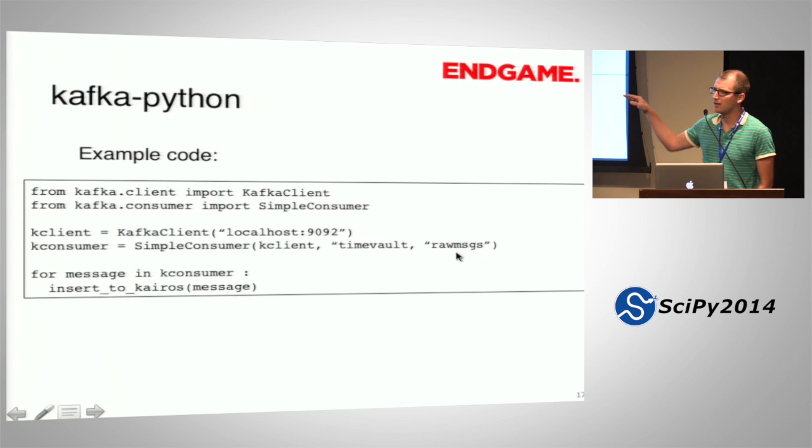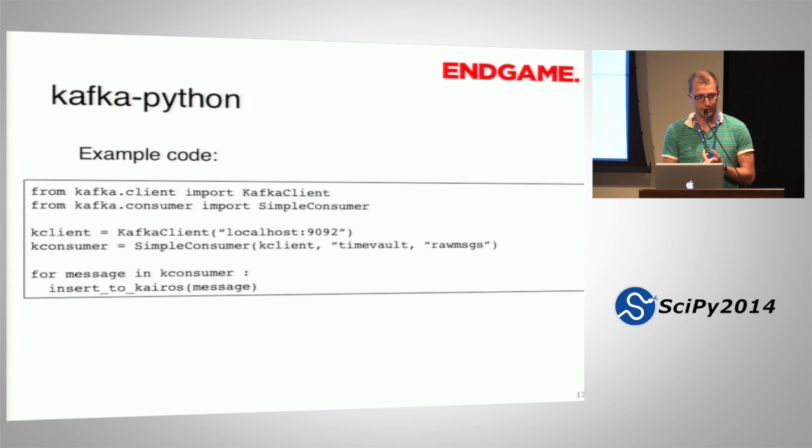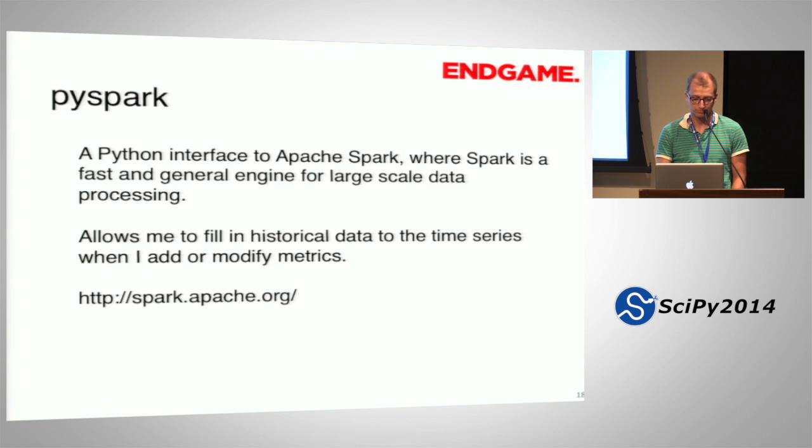And I've kind of hidden a lot of the data processing that I'm doing in that insert to Kairos function call, but really what I'm doing is just translating the JSON into native Python objects and then checking those Python objects against a bunch of metrics that I've defined, and then filling my Redis database.